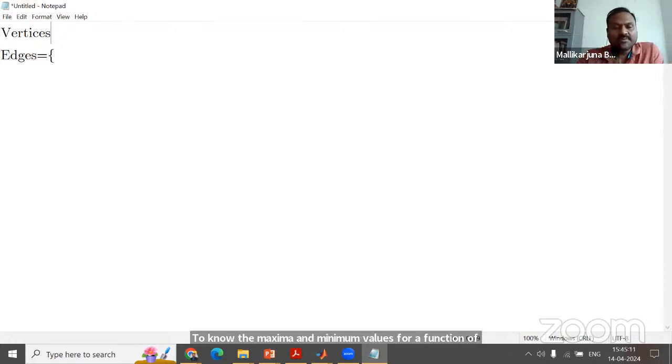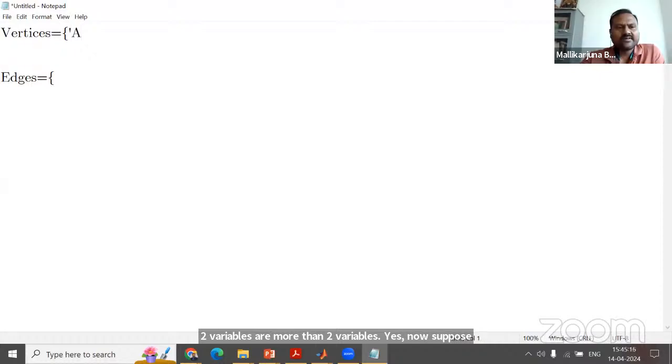Now suppose the vertices here are A, B, and C. What are the edges here?